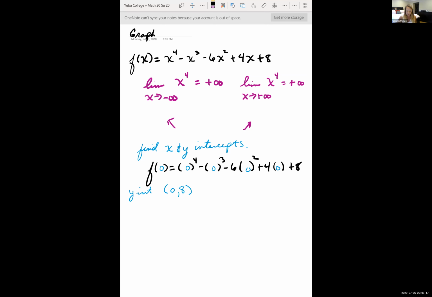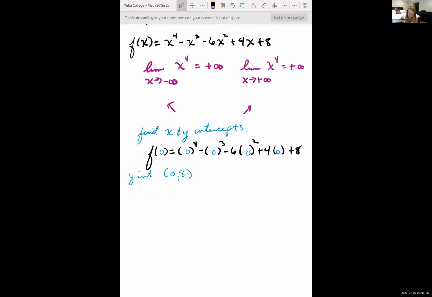Our x-intercepts are a lot harder. This is not in the form that we can just factor right away like we were used to. And so let's use some of the things that we learned. Let's use the rational zero theorem. That says we want to look at p divided by q, all factors of our constant, which is 8. So factors of 8 are 1, 2, 4, and 8.